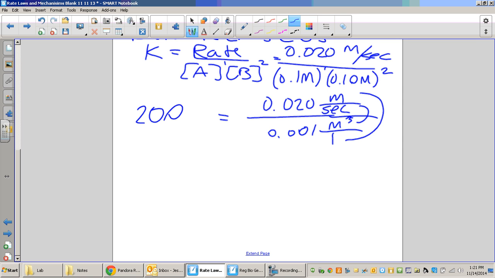The top one and the very bottom one go together in the numerator, and then these go together in the denominator. So that's molarity cubed times seconds. So then what cancels? One of these. So that's down to 2, right? So then you're 200. I don't know the sig figs; I'll have to go back and look. 1 over M squared seconds.